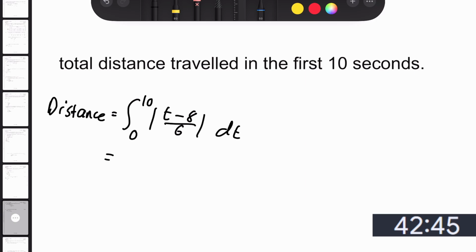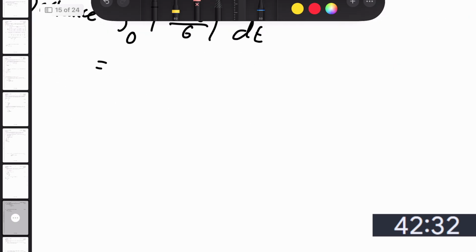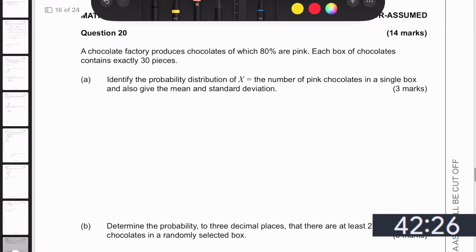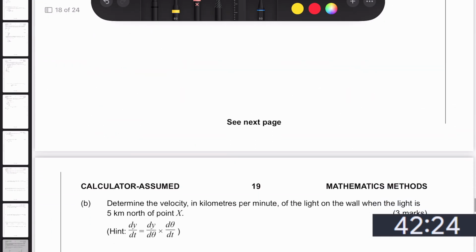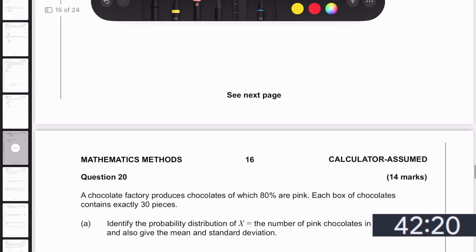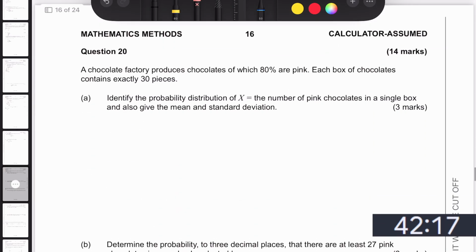We can also just do this using some triangles, but this is a lot faster. So let's put this into my CAS calculator. 0 to 10, the absolute function of that, dx, I get 17 on 3 centimeters. Oh, we're nearly there. 16, 17, 18, 19. Honestly, this hasn't been any particularly tough questions.